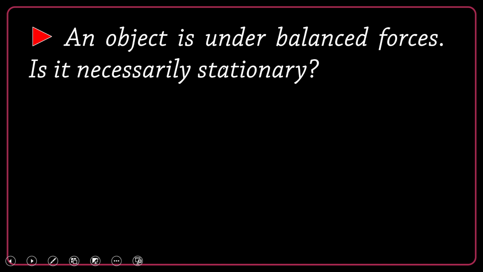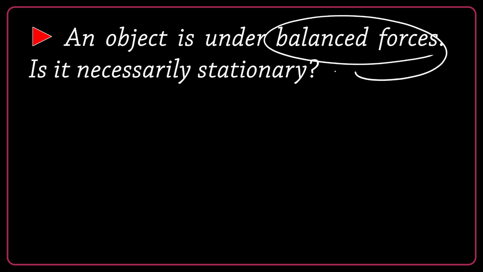Let's have a question. Is it necessarily stationary? When we say balanced forces, it means that there is no net force. So the net resultant force F net acting on the object is zero. Can I say necessarily the object is stationary? I think no. You remember from the air track, when the object was at rest, it remained at rest.